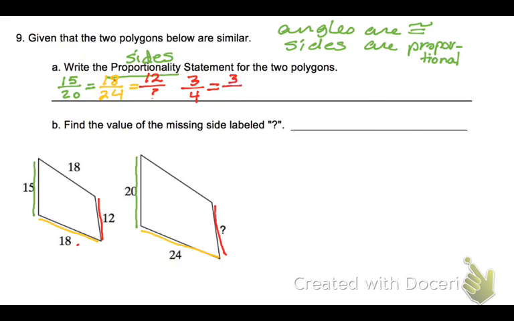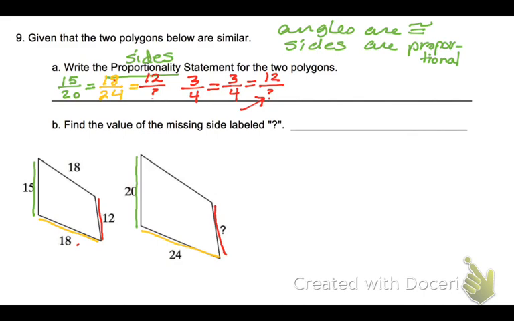You divide the 24 by 6 and you get 4. Those are both equal to 3/4, so it's looking good. So now we have to figure out what the question mark is that's going to make this proportion, 12 over something, equal to 3/4.